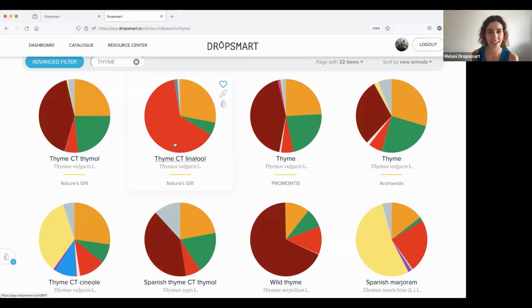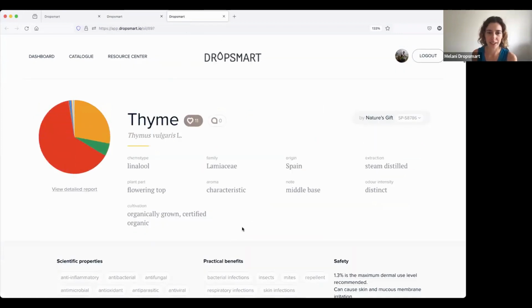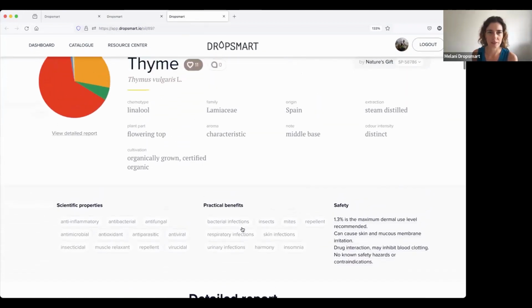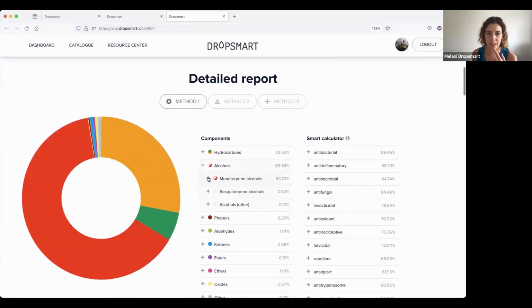And this one is interesting because if we take a look at that one, you will see that it has a lot of linalool. I mean, that's why it's called thyme linalool. So you will see that a lot of this is linalool. Not all of it. Oh, and terpinen-4-ol. That's wonderful.